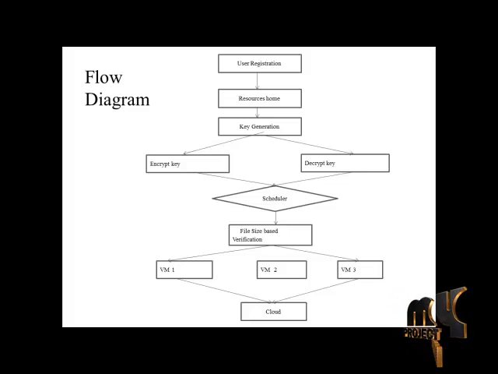Here the cloud storage is separated into multiple clusters, and every storage space is separated for the virtual machines. The virtual machines VM1, VM2, VM3 are separated, and finally the data is stored into the cloud.